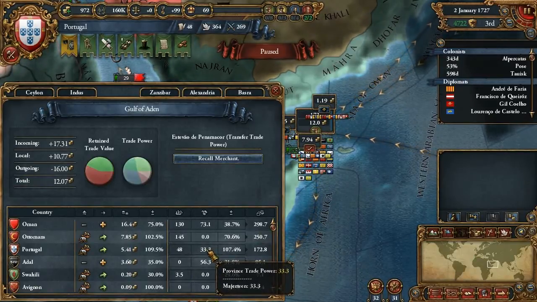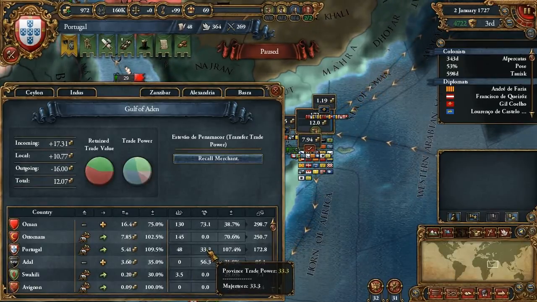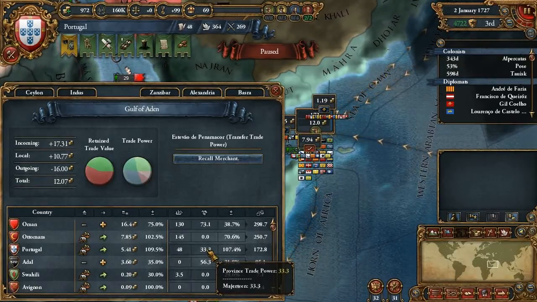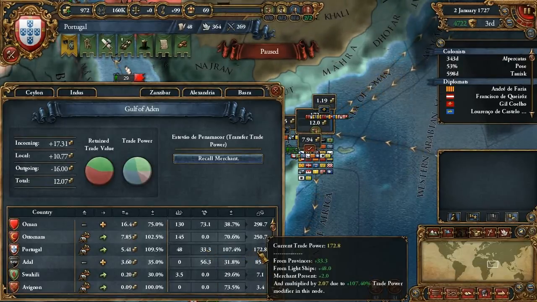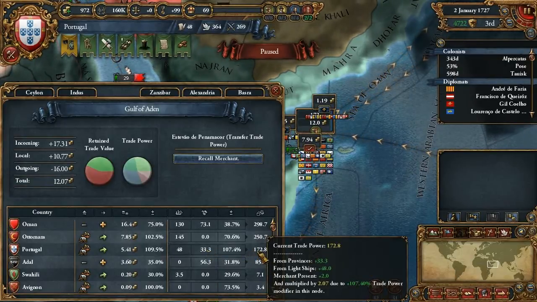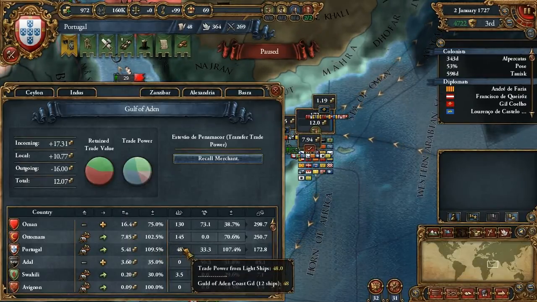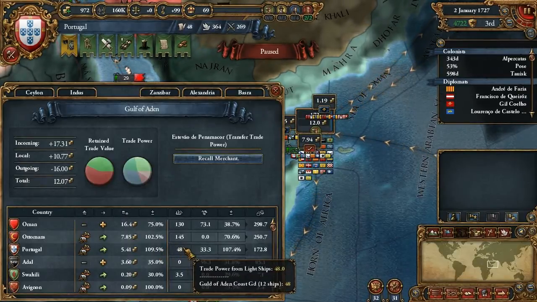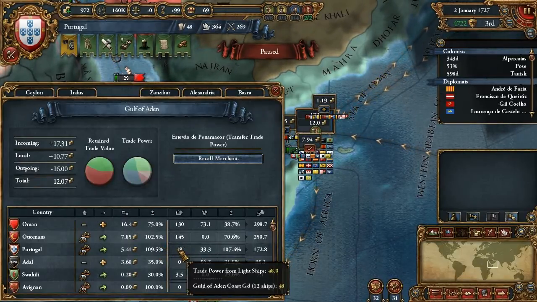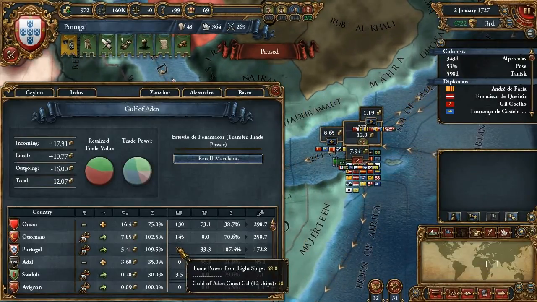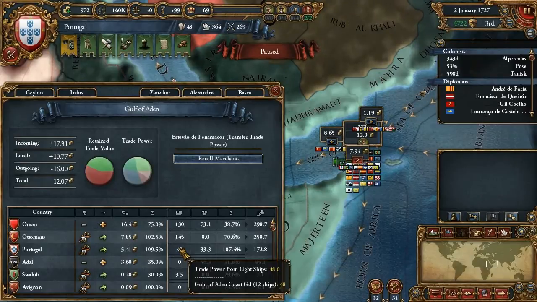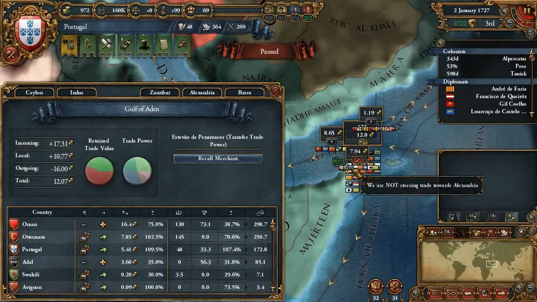I only got 33 from a single province, and I got no more trade power incoming in here. So what I did is I added a merchant to give me an extra 2, and then I put in some ships to give me another 48 trade power. I would generally need more trade power here, so I'm losing a lot. So I probably need about 50 ships or more in this trade node to make sure everything is flowing to me.